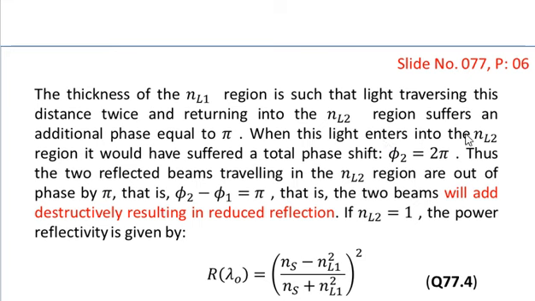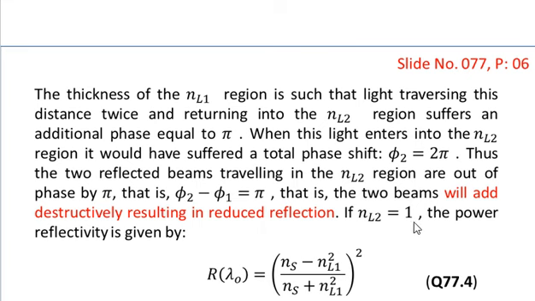When this light enters the NL2 region, it would have suffered a total phase shift phi 2 equal to 2 pi. Thus, the two reflected beams traveling in the NL2 region are out of phase by pi. That is, phi 2 minus phi 1 is equal to pi. That is, the two beams will act destructively, resulting in reduced reflection.